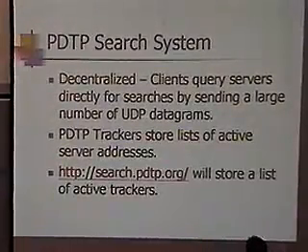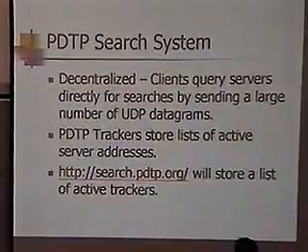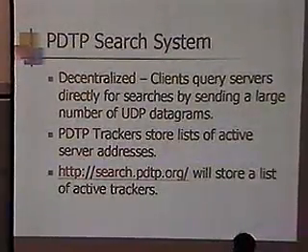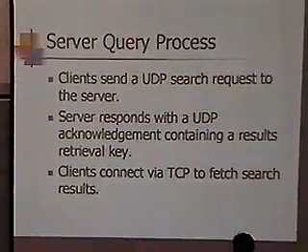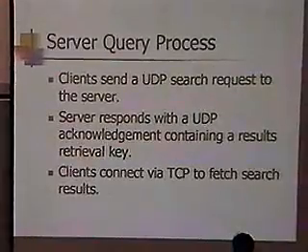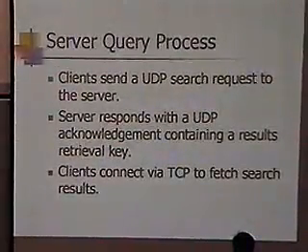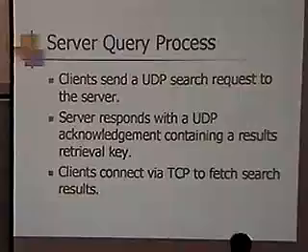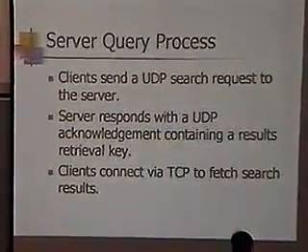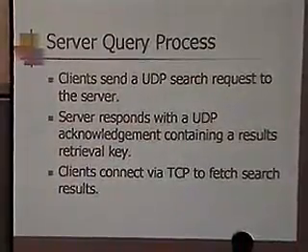So hopefully no one will have any sort of legal recourse to try to shut a system like that down. And yeah, there's what I just said about how the search process works. They send a UDP request, and then the server responds if it's up, and then the clients can fetch the search results by TCP.